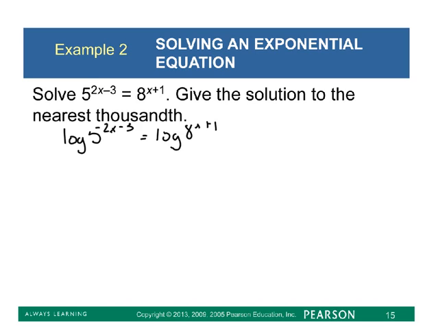So we do this in order to use one of our log properties to take this down from being an exponent. So move your exponents down. Make sure you put it in parentheses.